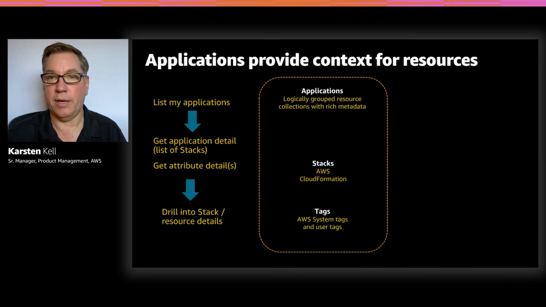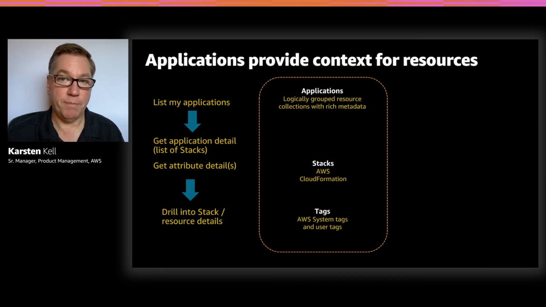And then I can understand which resource collections are part of that application and what metadata applies to that application. And then I can go into other AWS services, for example, CloudFormation, to see the list of resources that are in a particular stack. And I can look at or use other AWS services like Systems Manager to perform operations on those resources. But I do that all knowing the application context of those resources.